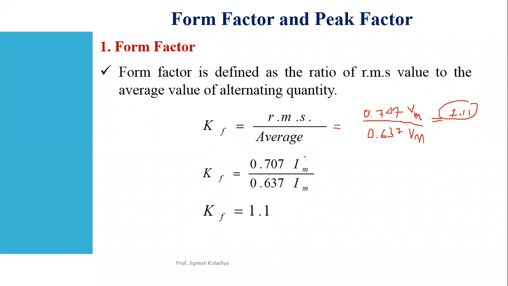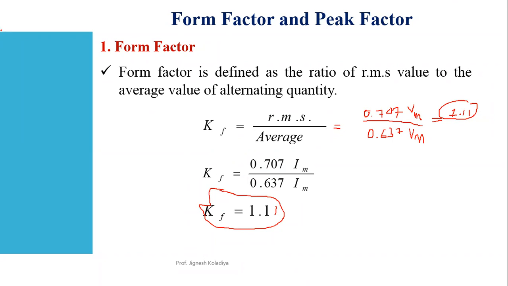The same thing you can find for current as well: 0.707 into Im upon 0.637 into Im, and again you will get 1.11. That is the form factor.